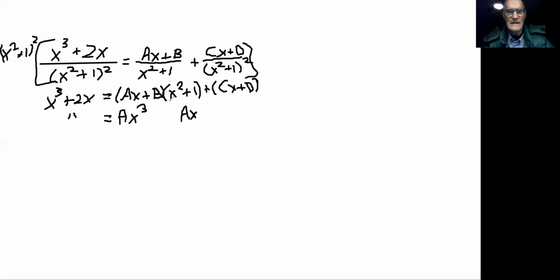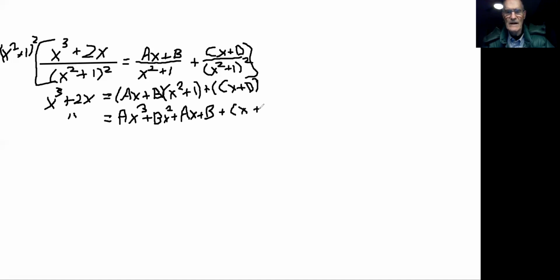And I've got my b times x squared, so that's plus bx squared. I put it in here to keep the powers in order. And then I have b times 1, so that's plus b. And then my last term is plus cx plus d.